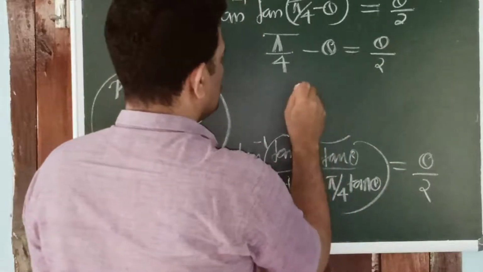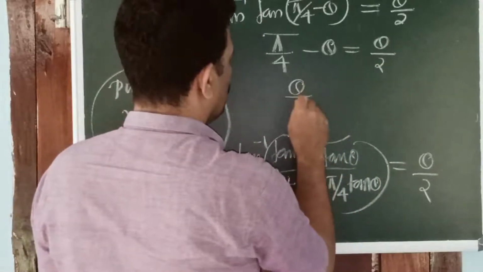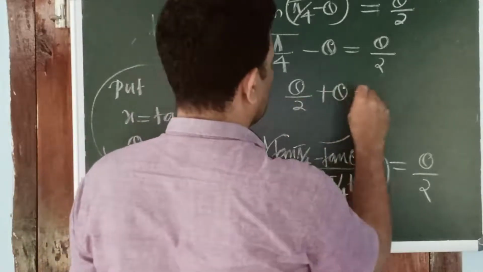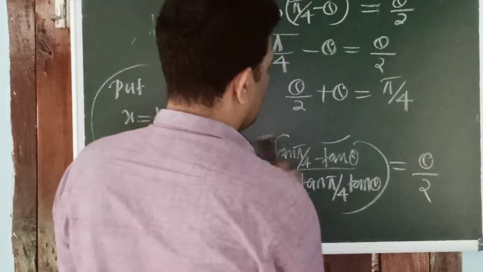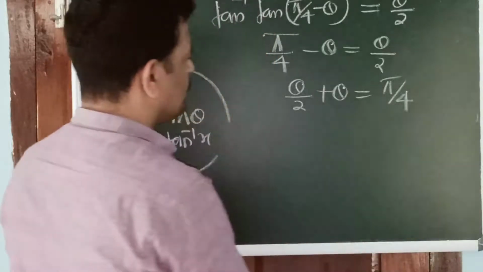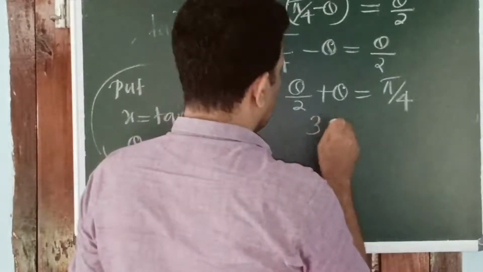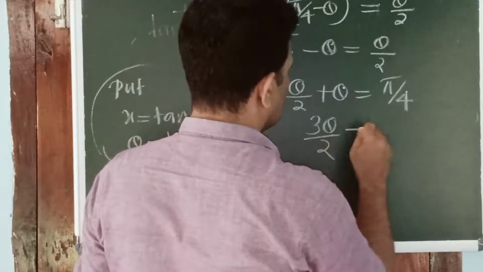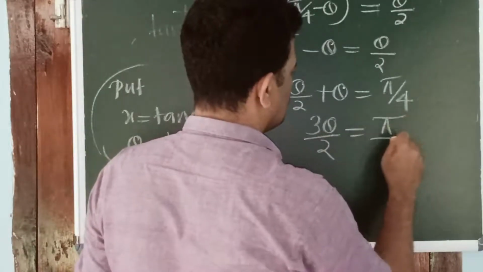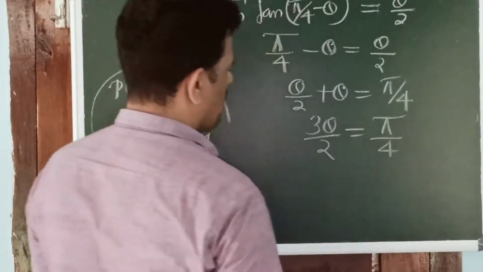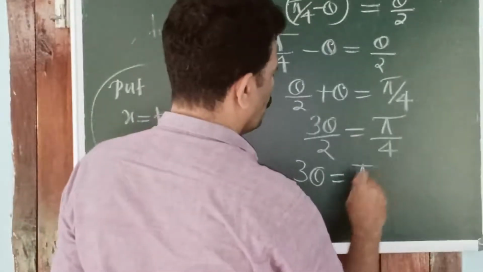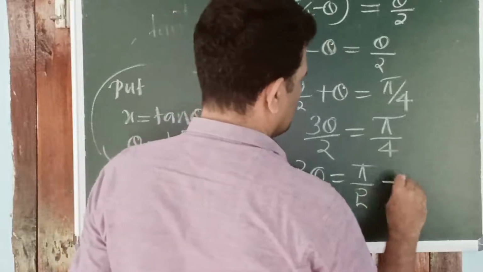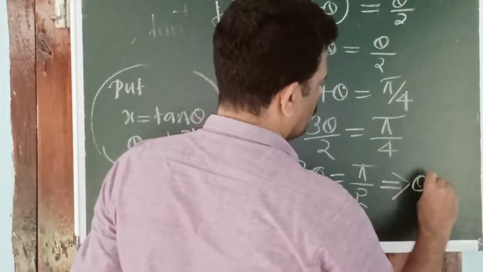That is theta by 2 plus theta is equal to pi by 4. Therefore, 3 theta by 2 is equal to pi by 4. That is 3 theta is equal to pi by 2. That means theta is equal to pi by 6.